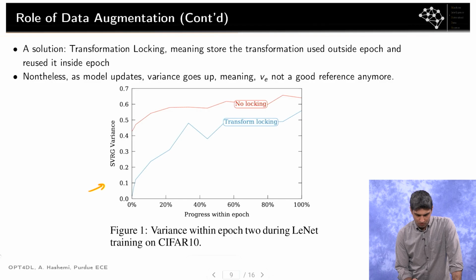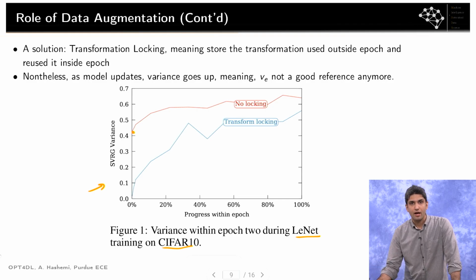Here again we are seeing the variance of SVRG within epoch 2 of training the LeNet model on the CIFAR10 dataset. As you can see, when we are just starting the epoch the variance is low, but as I progress in the epoch, the variance starts to go up. This is again due to the estimation error incurred because of the data augmentation procedure.